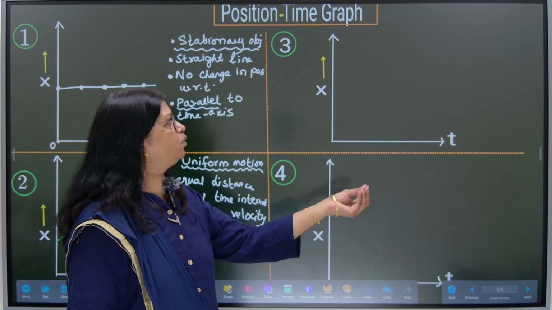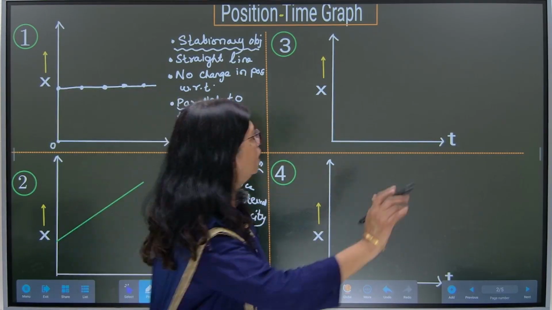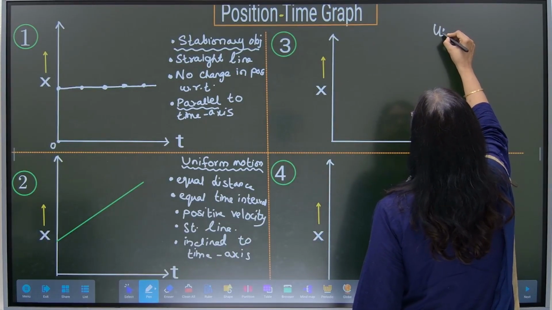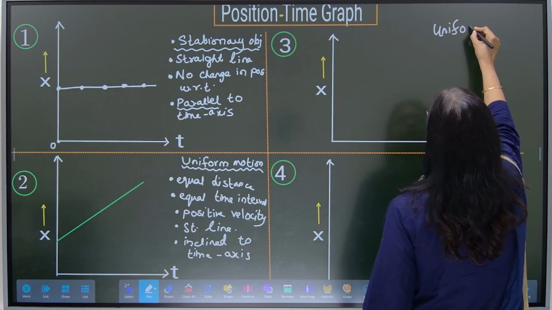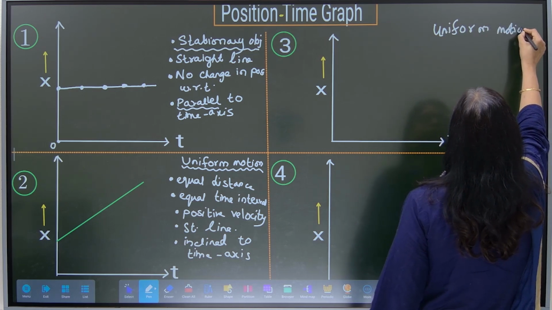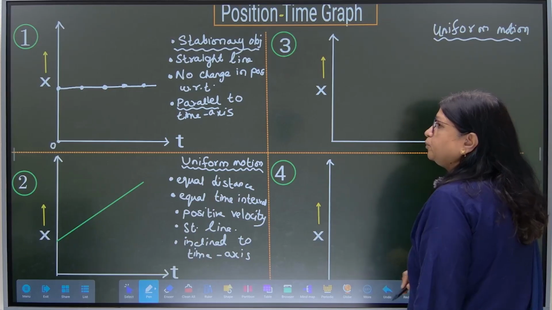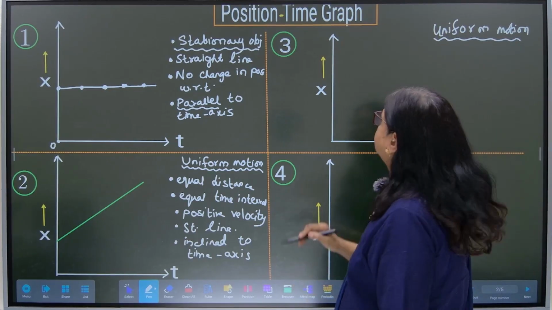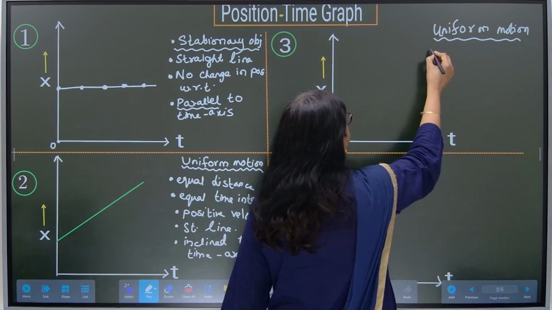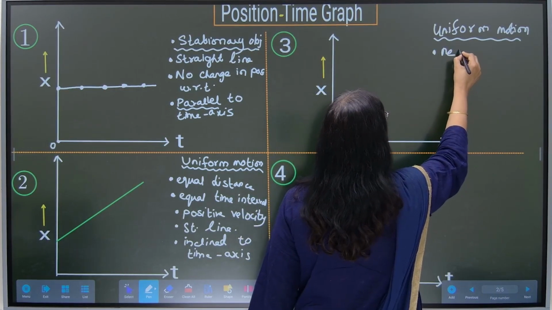Now let us go to one more category in which the body is already in uniform motion. I don't have to write what is uniform motion now. What does this mean? The body or the object is traveling equal distance in equal intervals of time. Okay, then velocity is negative.